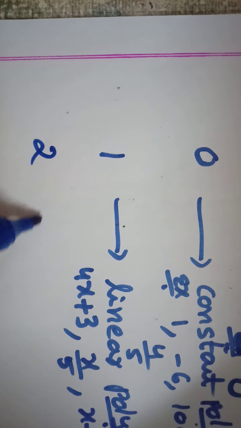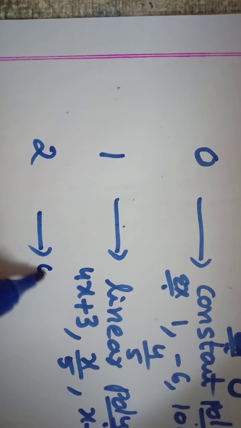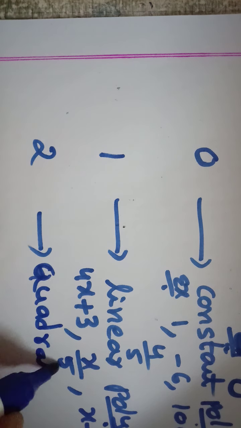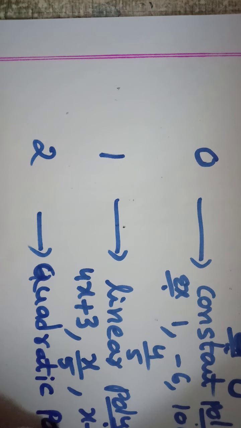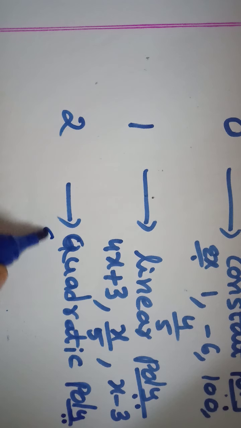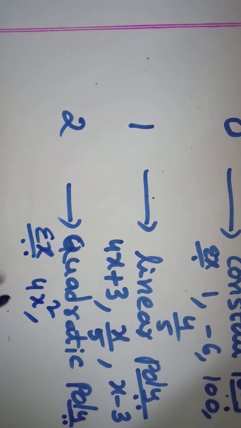Next, degree 2. Degree 2 means the variable has power 2. If the degree of the polynomial is 2, those are called quadratic polynomials. For example, 4x square is a polynomial with a single term.